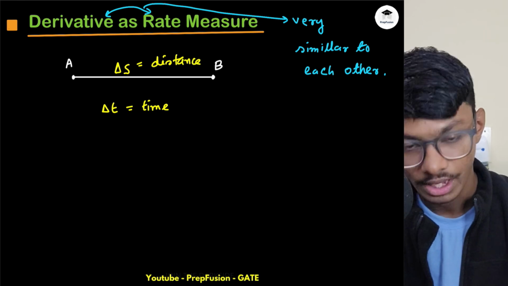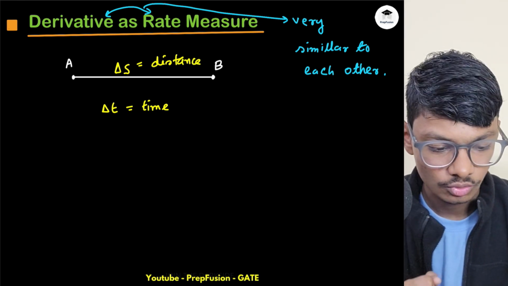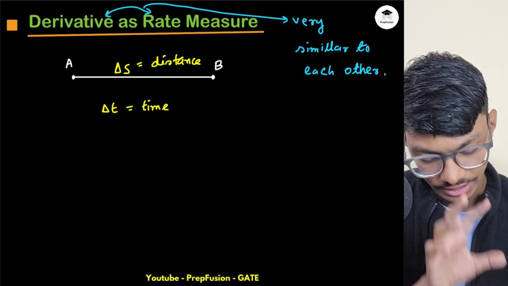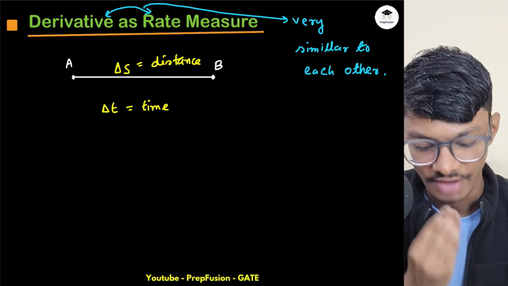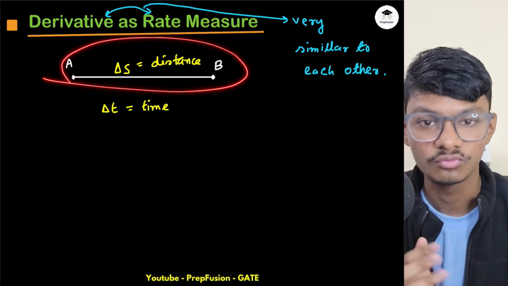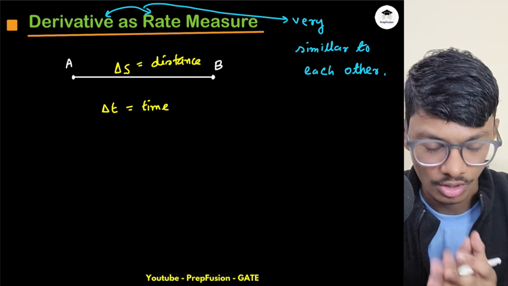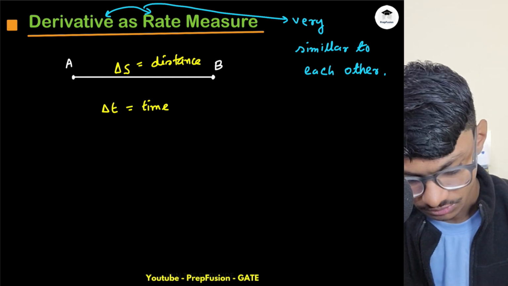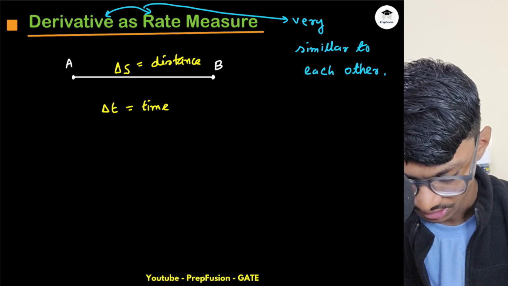Now can you tell me about the speed? There are 2 types of speed over here. One is the average speed and another is the instantaneous speed. What do you mean by average speed? Average speed means throughout this whole journey what was the average speed. We compute that with total distance over total time. This we have studied in physics.